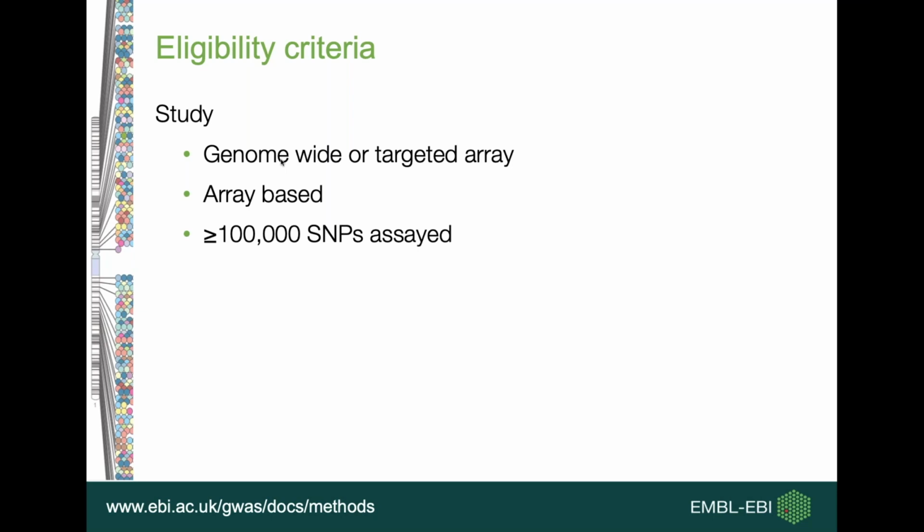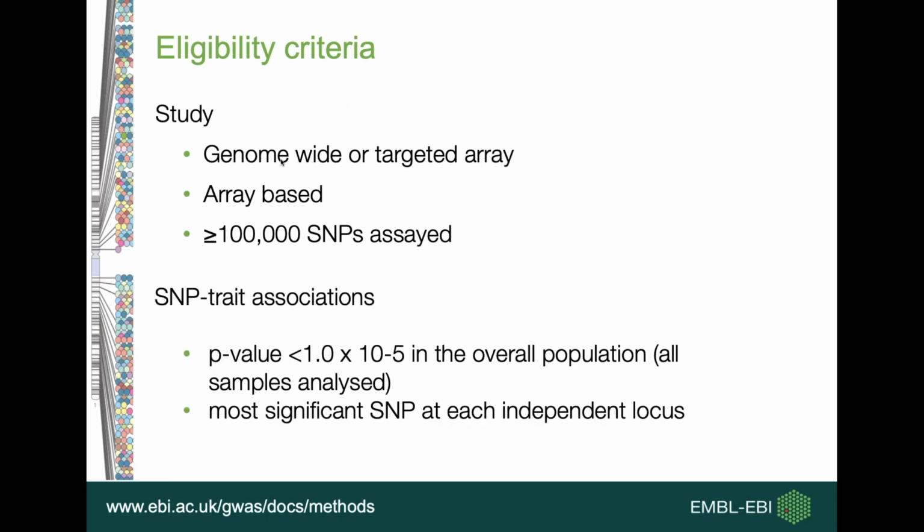If it's array-based, there must be more than 100,000 SNPs assayed on the array. For each association, it must be significant, less than 10 to the -5, in the overall population. So that's discovery and replication if there's a replication population. And we extract the most significant SNP at each independent locus.